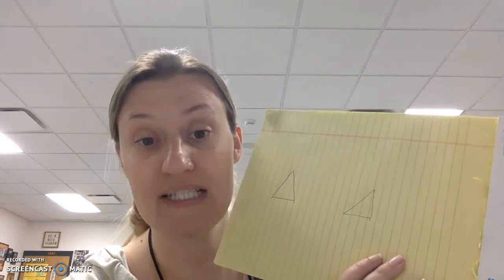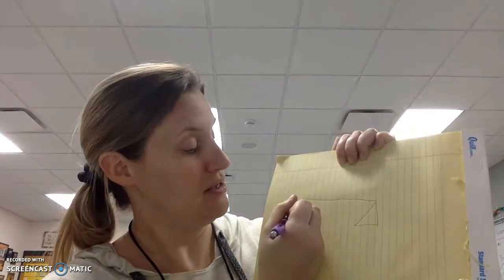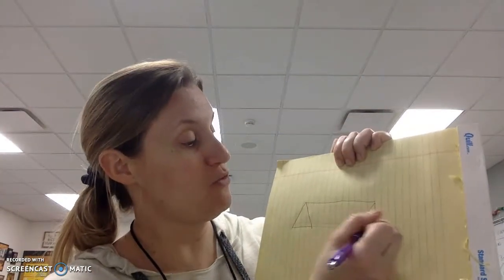So those are my bases. When I go to connect them, the 3 rectangles are formed. Those are my lateral faces. So the lateral faces are what are formed when you take your two-dimensional shapes and make them three-dimensional by connecting them.